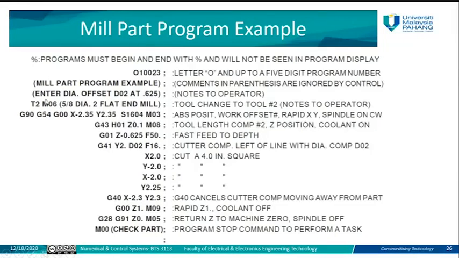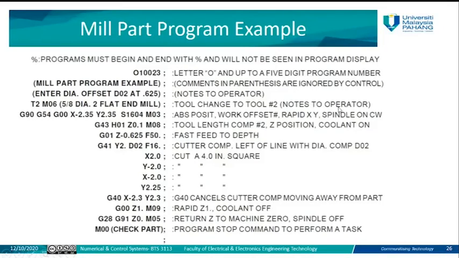Then we start here. You can see there is no N, because the sequence numbers are just by default, N1, N2, or N10, N20, and so on. So we start from the first line, which is the tool change to tool number 2.